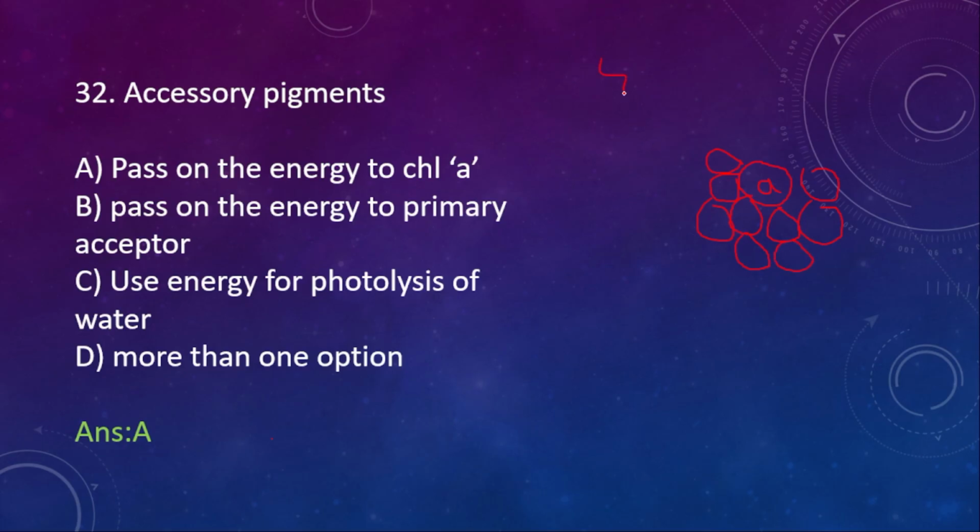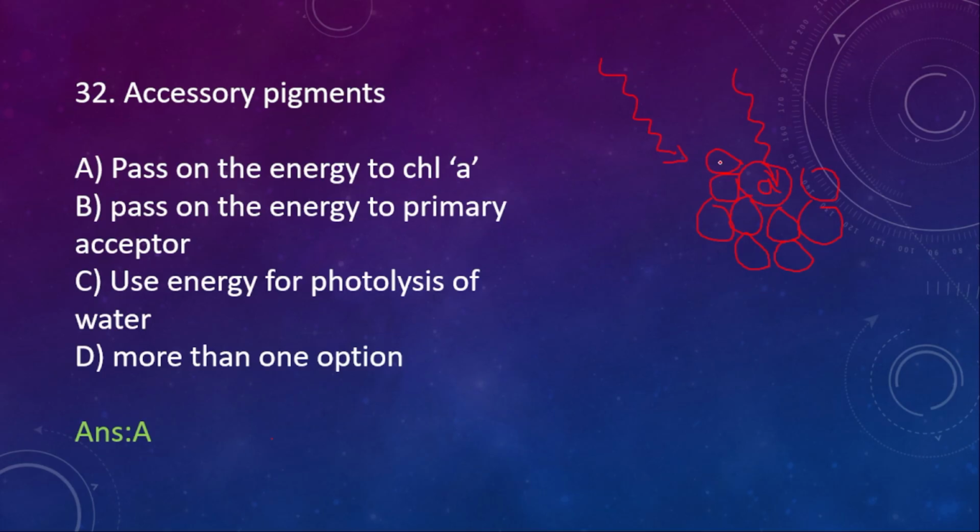Whenever the light quantum is exposed to the leaf, the chlorophyll A, the reaction center, is mainly absorbing. But the remaining wavelengths of light do not go to waste.